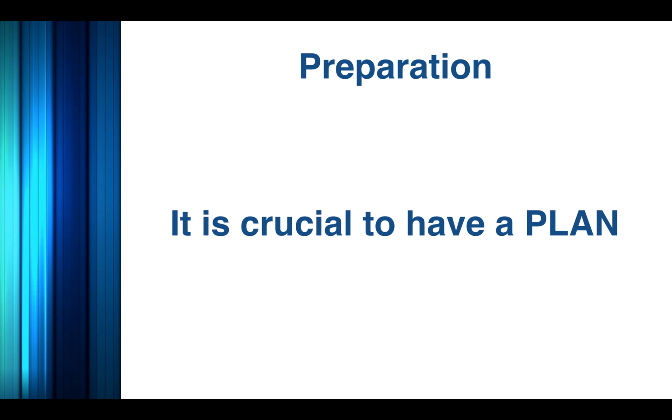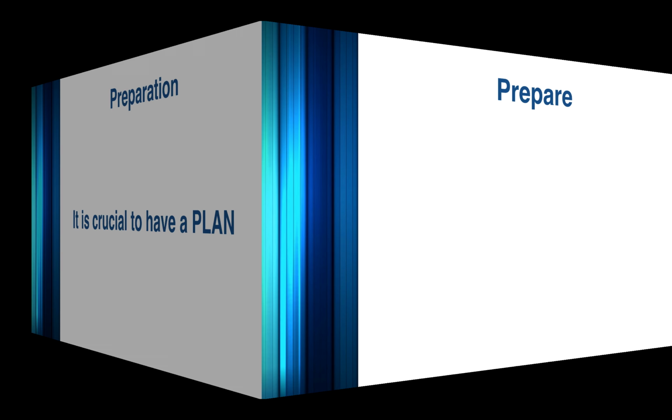And tuition and fees for the university. There are many fees associated with it. So we want to make sure that we have a plan, we have a clear focus, and we know what we're going to do when we actually get to college.